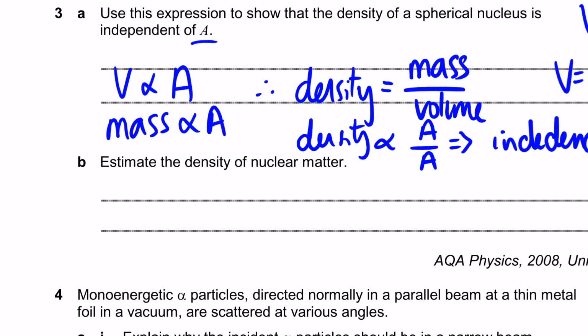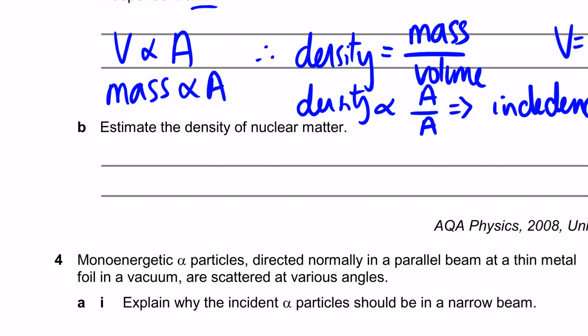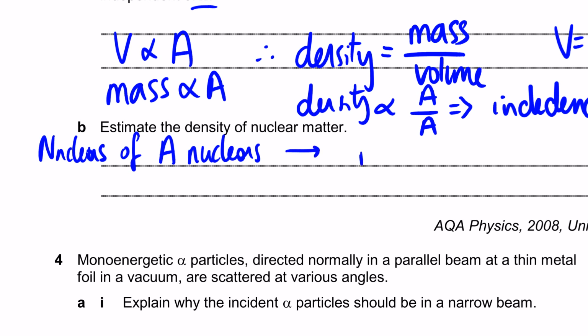So, estimate the density of nuclear matter. If we've just talked about density being mass divided by volume, for a nucleus of A nucleons, mass would just be A times mu.